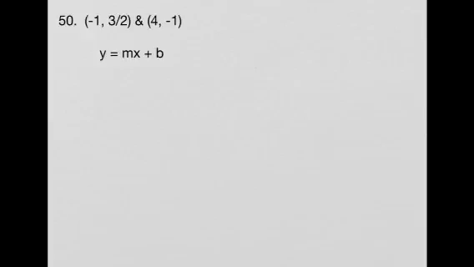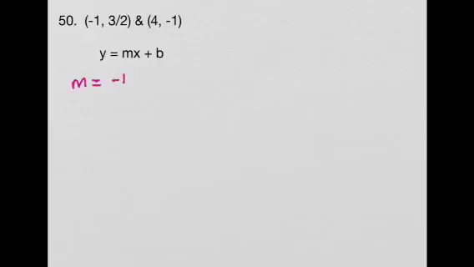So I'll start off with this. Let me just mark it here. I'll start off with, it doesn't really matter, this one. So this is going to be my y sub 2, my y sub 1. So let me just put m.